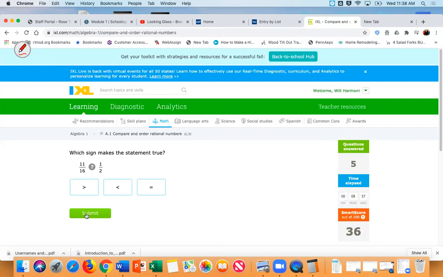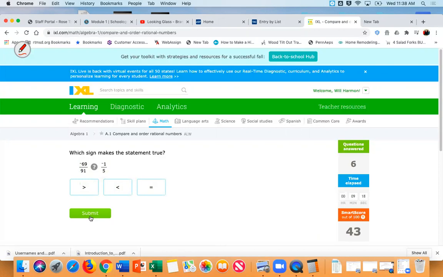Shoot. Try and refresh your screen because I'm looking at 11 over 16 and 1/2. 1/2's bigger than 11 over 16? No, 11/16. Okay, 11/16 is greater than 1/2.